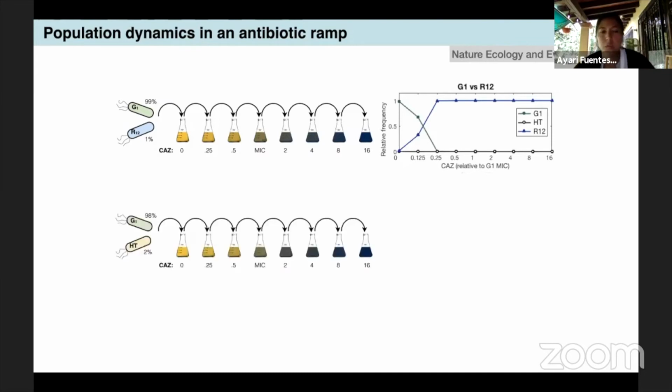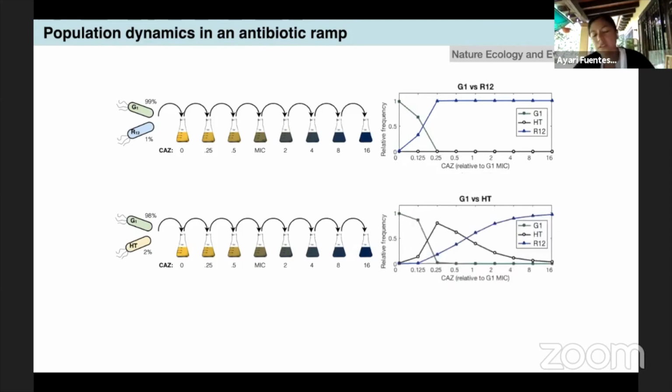So what happened in another experiment, in which we have 98% of the population being G1 and 2% of the population being HT, the heterozygous population? What we have is really interesting because at the beginning, the population of G1 actually collapses at the same level as the one in the top.